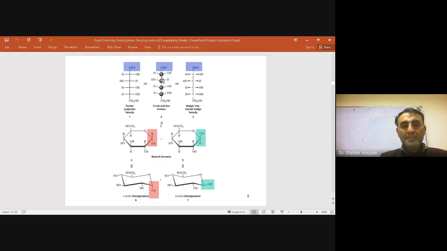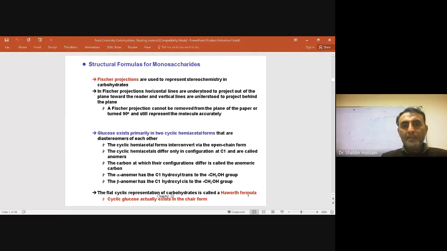Suppose you see here, these are behind the plane, and these horizontal lines are understood to project out of the plane towards the reader, while vertical lines are understood to project behind the plane, right? 3-dimensional structure होता है basically ये 3-dimensional structure.